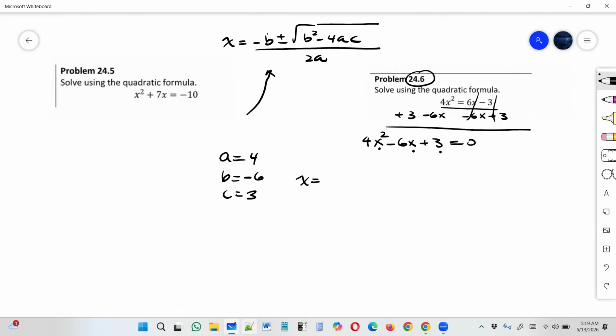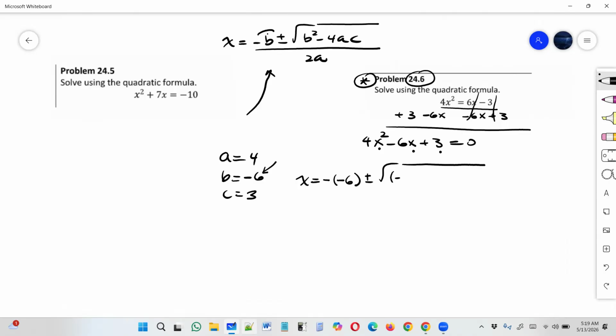Now, this is a very good problem for the following reason. Notice that b is negative, but the formula says -b. So it's minus a -6 or +6. Be very careful, plus or minus.